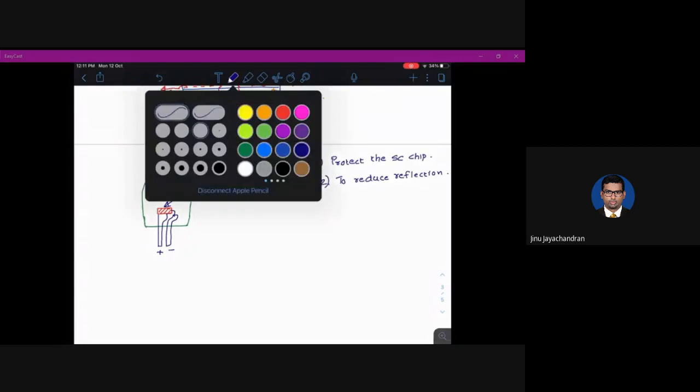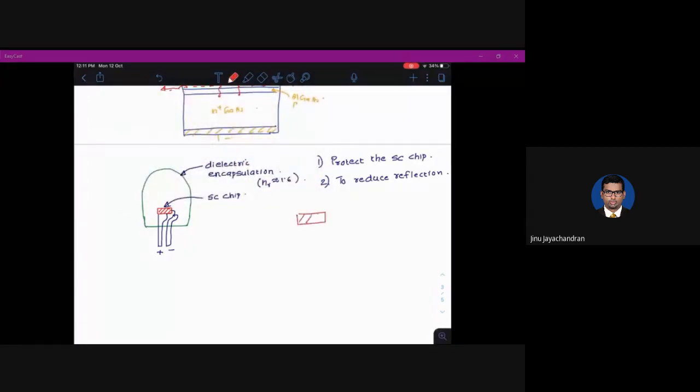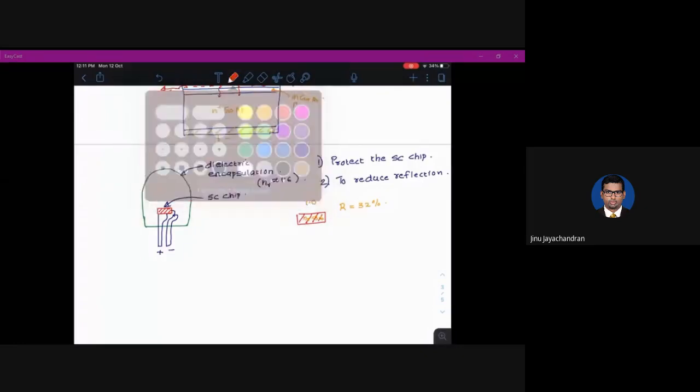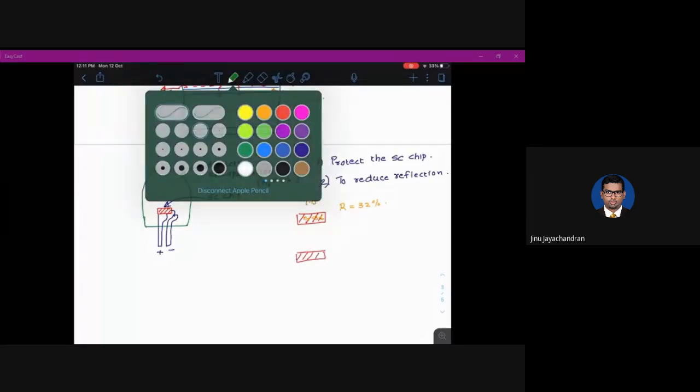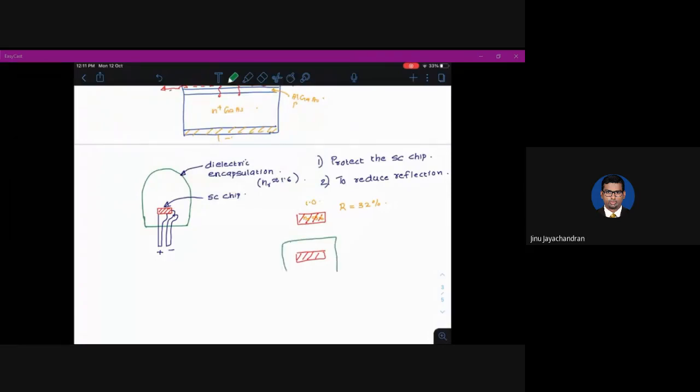Why? If you have this chip directly exposed to air, the chip has a refractive index of approximately 3.6 and air has a refractive index of approximately 1.0. We see that the reflection is about 32%. It is very high. Instead, what we do in this encapsulation is, along with the chip, we have a dielectric, and after that, we have the encapsulation. The dielectric will have a refractive index of approximately 1.6, and this dielectric is in contact with air, which is 1.0.